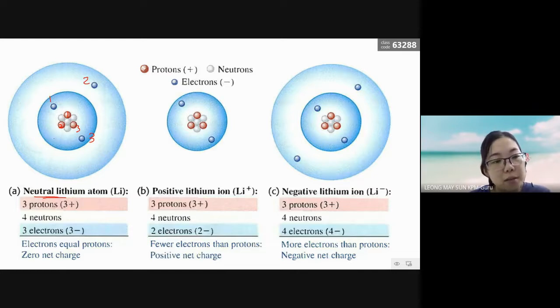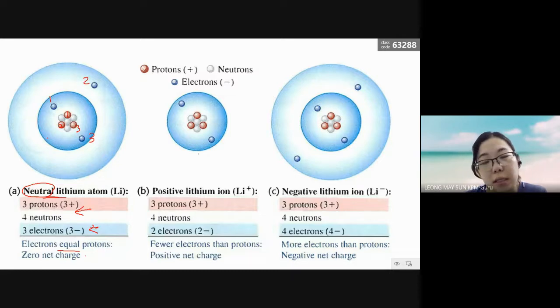So 3 positive charges and 3 negative charges: positive 3 plus negative 3, the number of electrons equals the number of protons, therefore zero net charge. That is the reason why this picture of lithium is a neutral element.